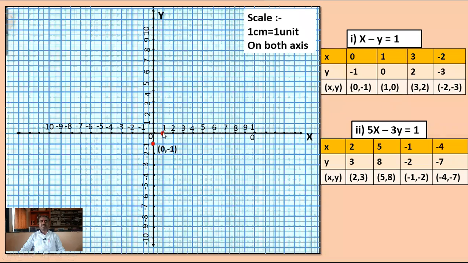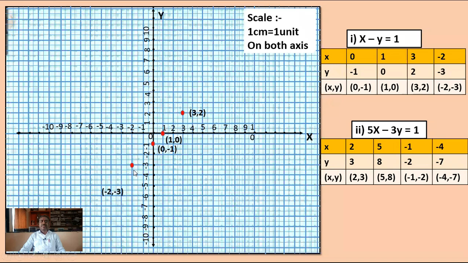The next point is 3 2: x coordinate is 3 and y coordinate is 2. And the fourth coordinate point minus 2 minus 3: on the x-axis minus 2 and on the y-axis minus 3.